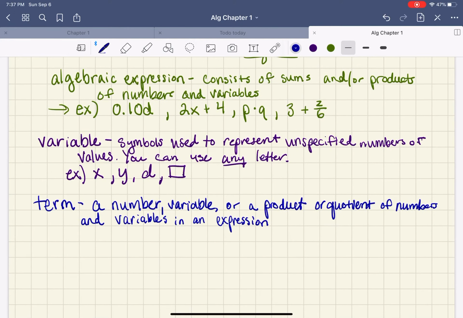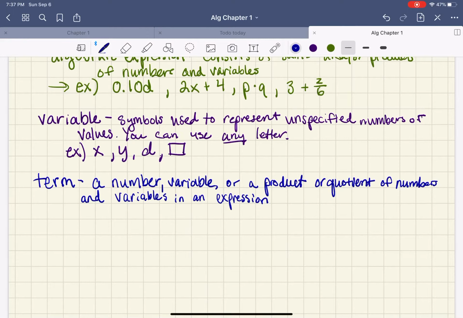Okay, now let me give you examples. If I have the expression 2x plus 4, what we are saying here is that this is a term, and that's its own term. So those are two different separate terms. So terms, 2x and 4.